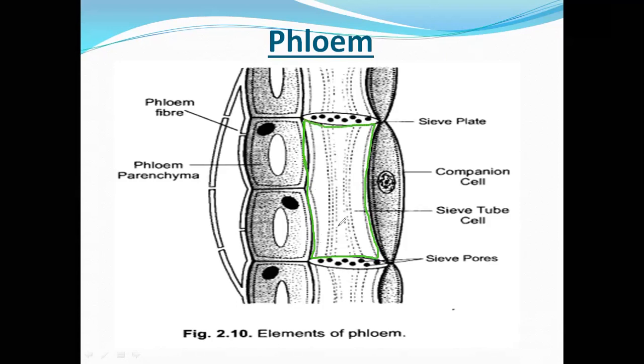They play a key role in transportation. Both ends of this tube cell have a plate, that is the sieve plate. In the sieve plate, you see there are some gaps.